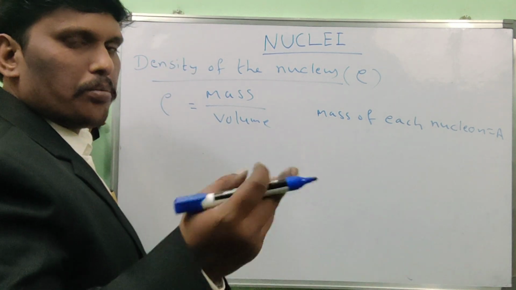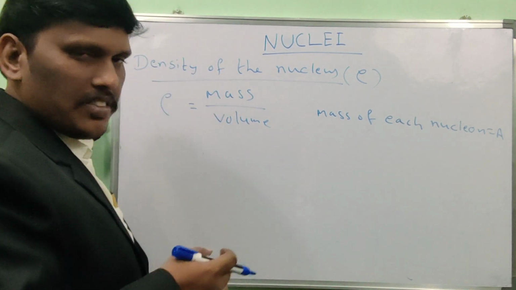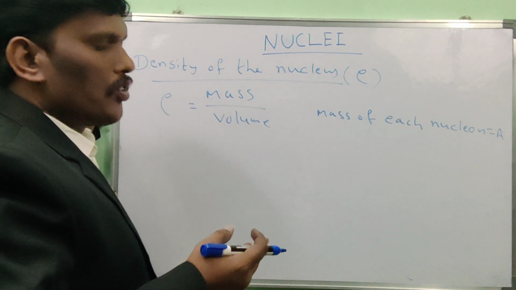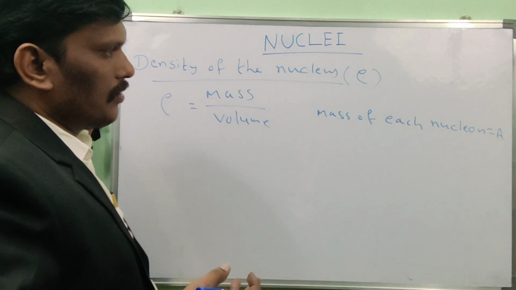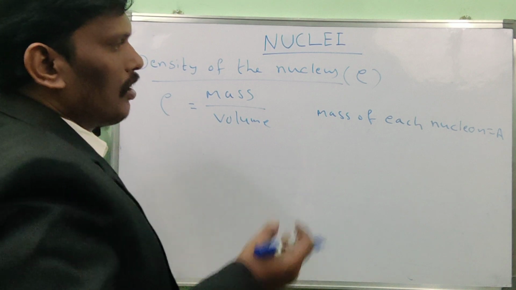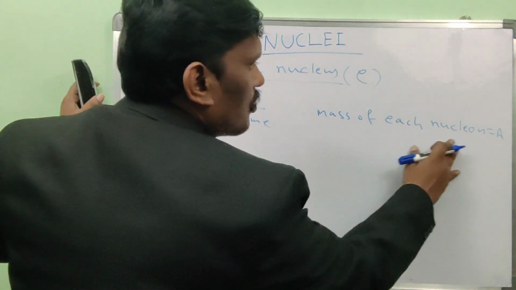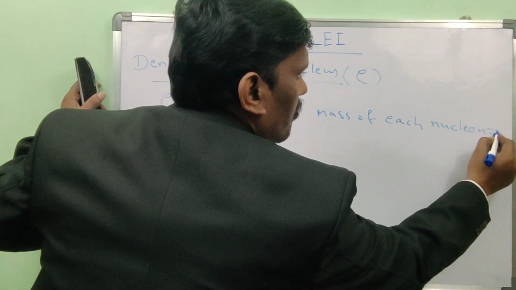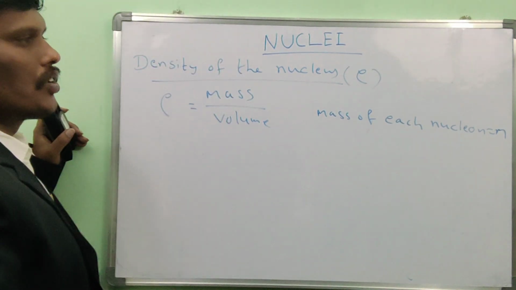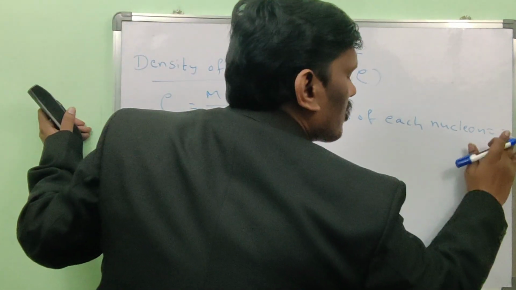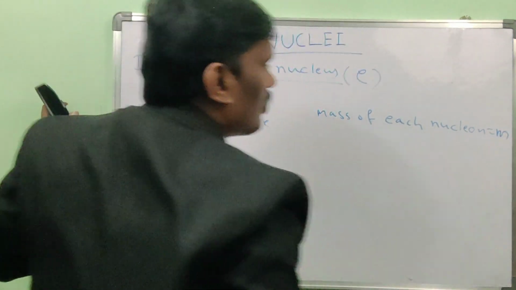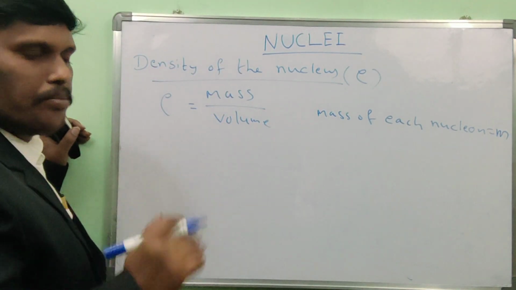The main mass components are protons and neutrons, and they are only responsible for the atom's mass. So the mass of each nucleon, I am going to consider not A, but M.